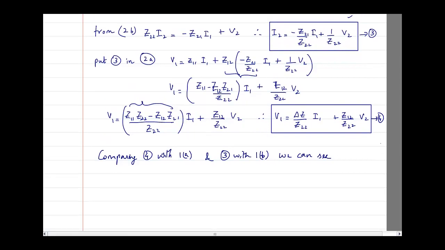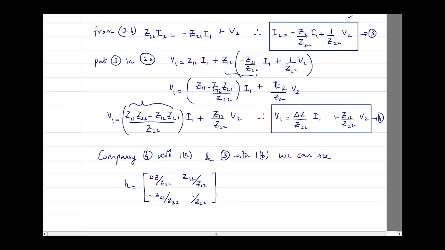We can see that the H parameter is going to be delta Z by Z22, similarly Z12 by Z22, and similarly minus Z21 by Z22 and 1 divided by Z22, correct?